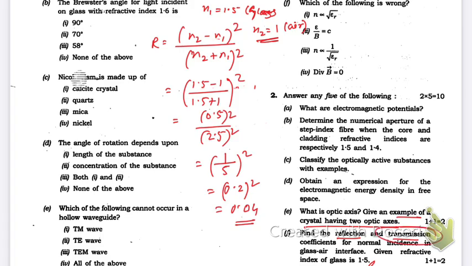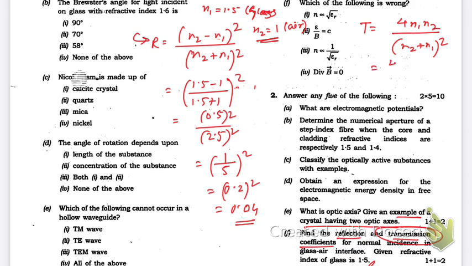Transmission coefficient, so how to find it? This is the reflection coefficient, and let me write the transmission coefficient formula. That is given by T is equal to 4 n1 n2 divided by (n2 plus n1) whole square.